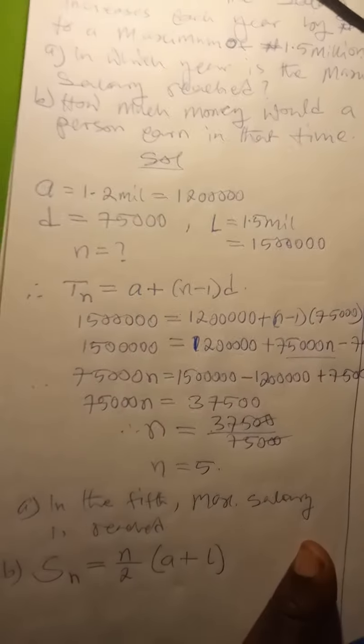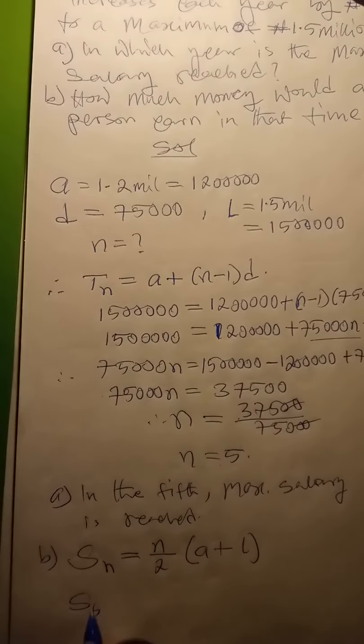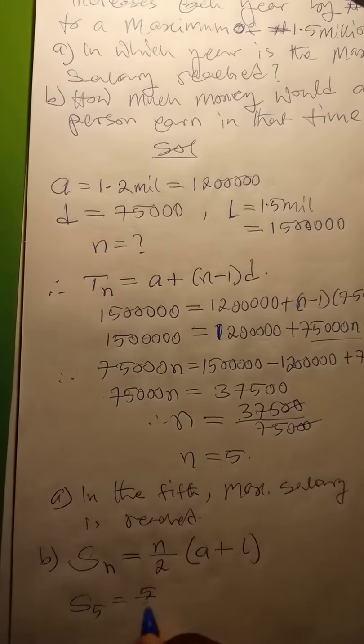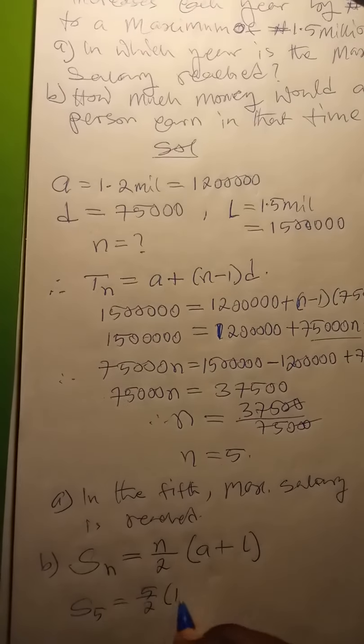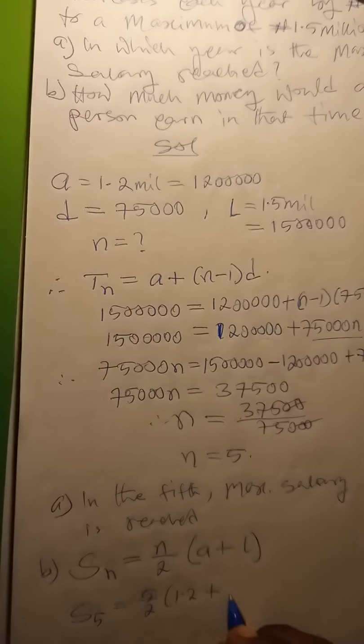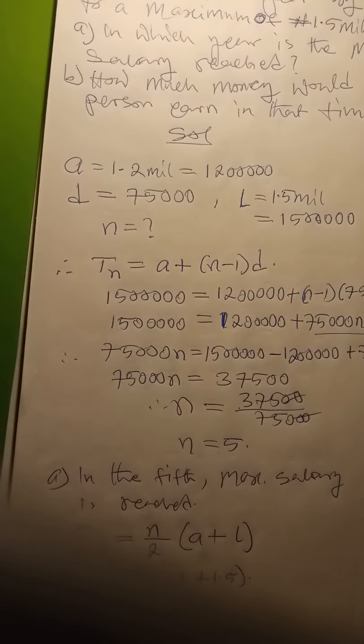1.5. So I can use this. Now we have S5 is equal to 5 divided by 2. Then this is 1.2 plus 1.5. Okay, so we have 1.2 plus 1.5.